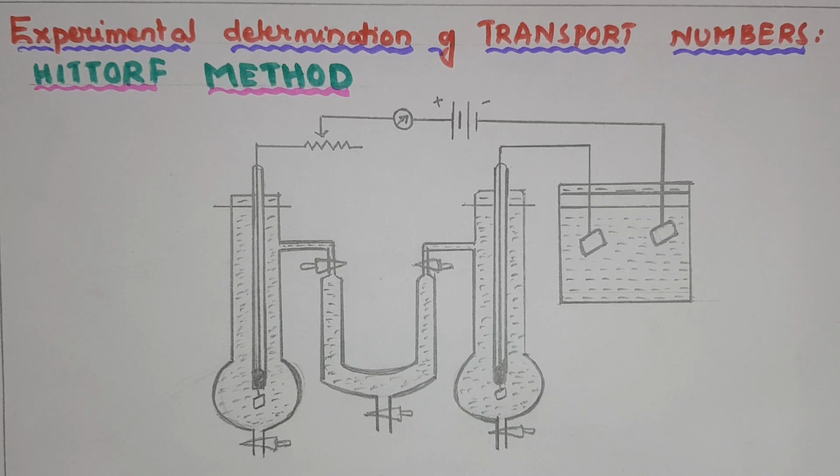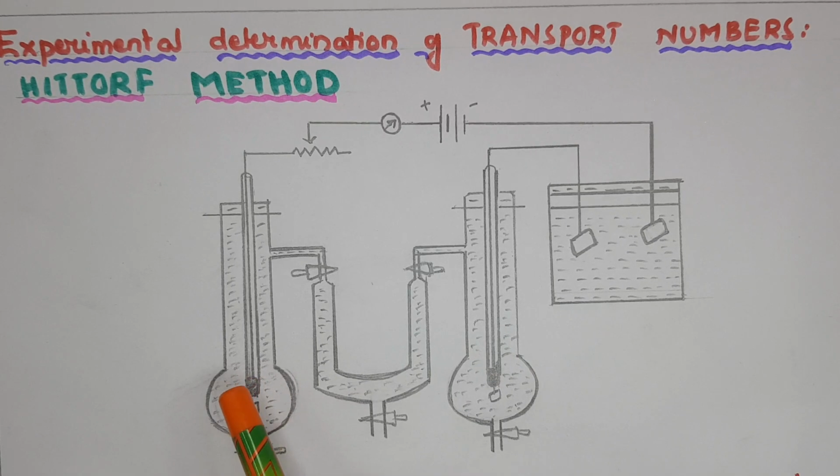So before knowing what this HITTORF method is, kindly look at the apparatus, that is HITTORF apparatus, which was used by HITTORF to determine transport numbers. Here you can see in the figure, students, the whole is called as HITTORF apparatus.